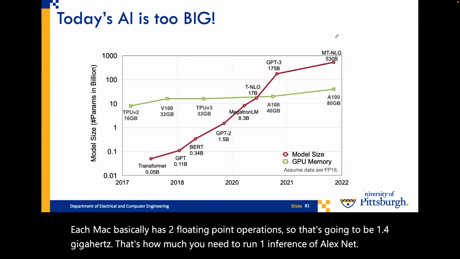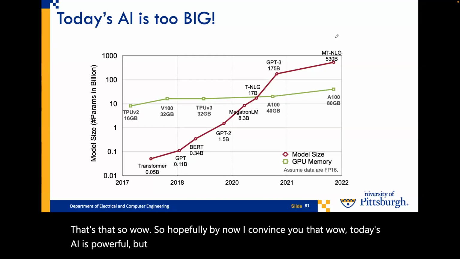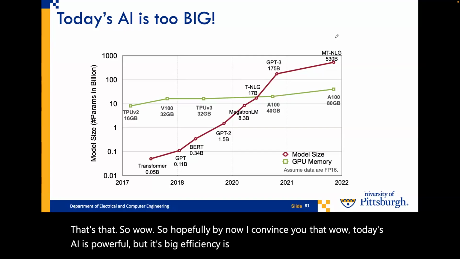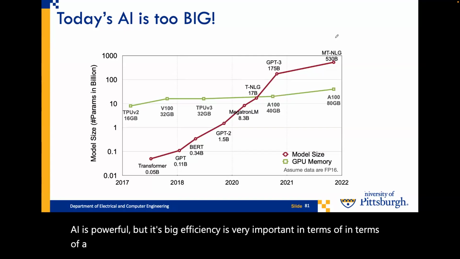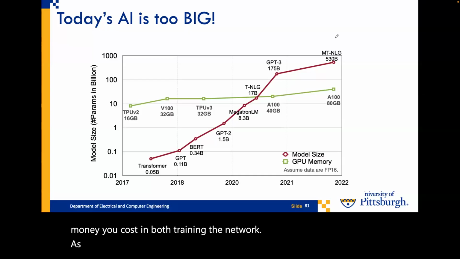So hopefully by now I've convinced you that today's AI is powerful, but it's big. Efficiency is very important in terms of speed, memory, and energy, and eventually the money you spend both training the network and serving inference.